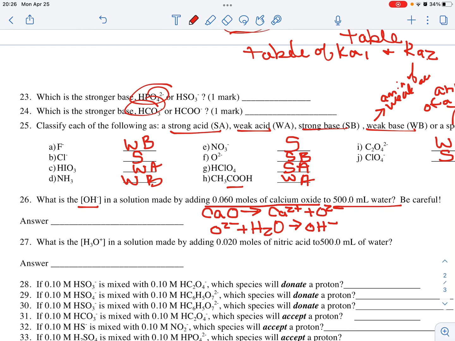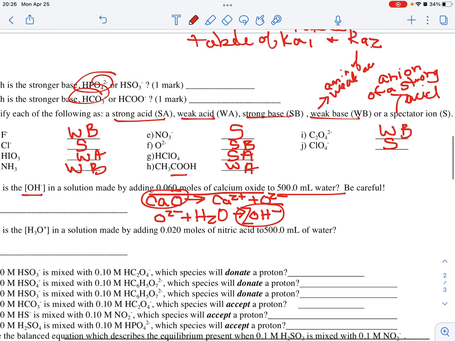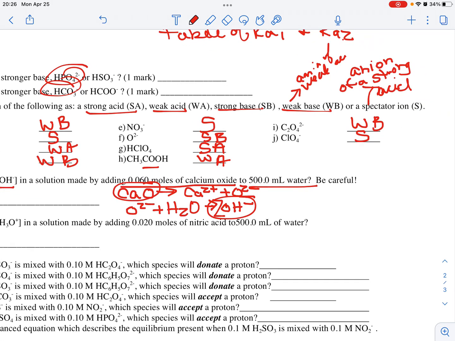So I can see that I've got to get this balanced here. Each one of my calcium oxides has two hydroxides.